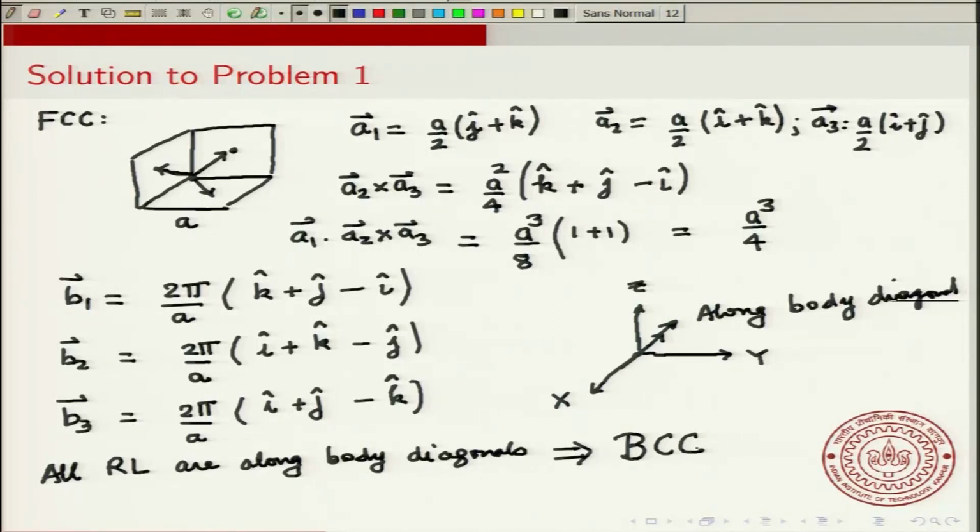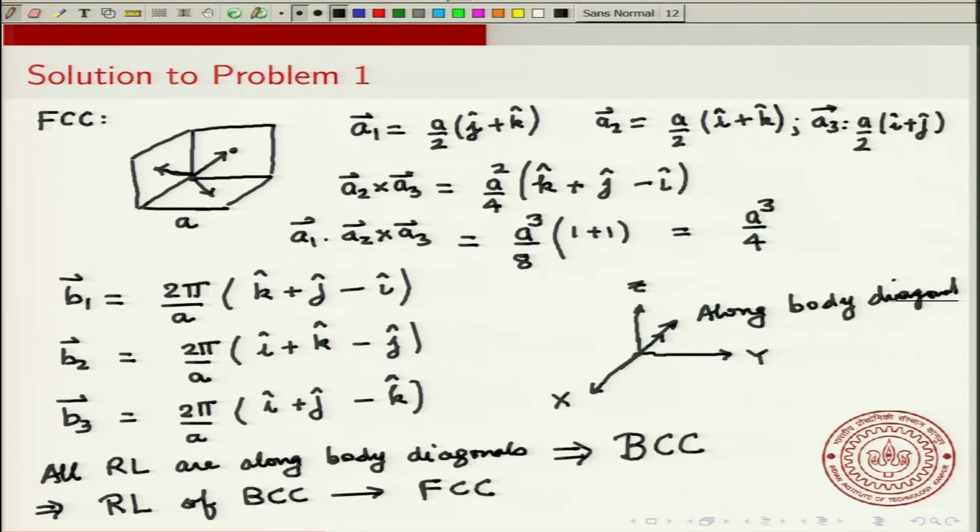Interestingly, this also leads to the result that the reciprocal lattice of BCC should be an FCC, okay. So, by solving the reciprocal lattice of the FCC, we have also solved the reciprocal lattice of BCC, because the reciprocal lattice of a reciprocal lattice is the original lattice, okay.